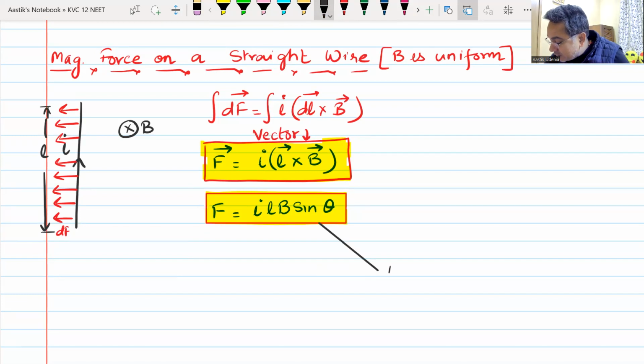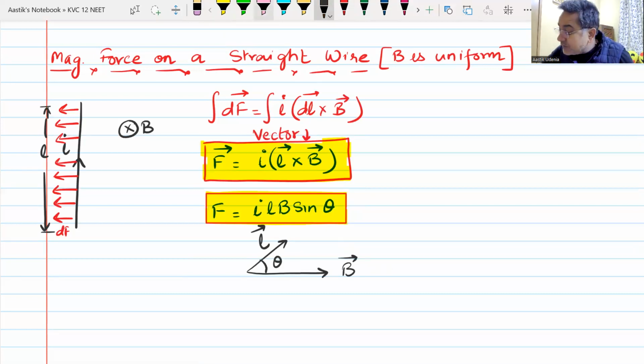If your magnetic field is like this, B vector, and your current or length vector is like this, angle theta is the angle between your B vector, the magnetic field vector, and your L vector, the length vector. Do we understand this? Yes or no? This will give you the magnitude.